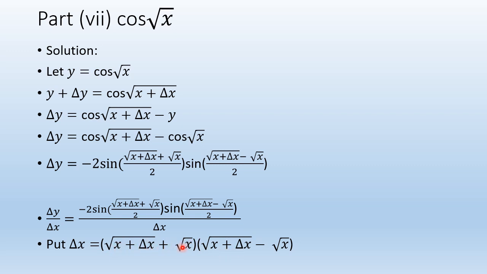A plus b, a minus b, that is a square minus b square, means this square minus this square, that is x plus del x minus x. X got cancelled and the remaining is equal to del x.